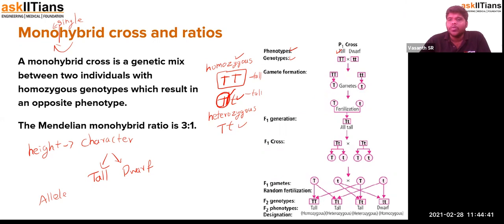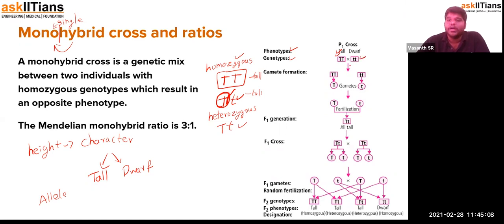Now this is the way that you have to apply for the monohybrid cross representation. You have to write everything in detail. This is parent P1 cross, which includes a tall plant and a dwarf plant. That is the pure breed. So their phenotype is tall and dwarf. What about their genotype? They are pure breed, so it is capital T for tall and small t for dwarf.